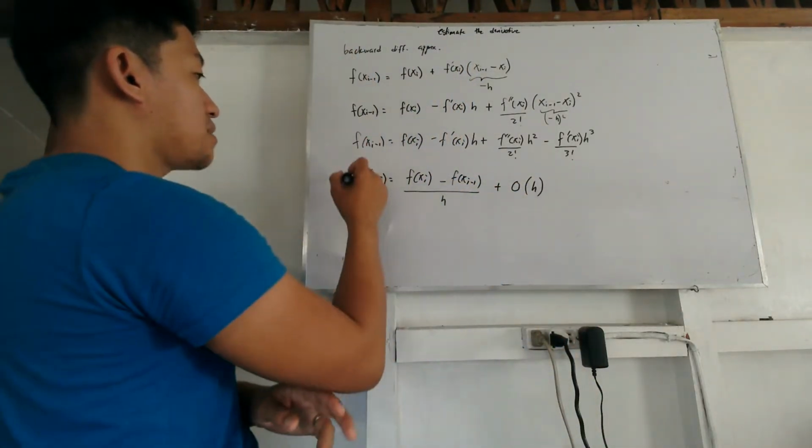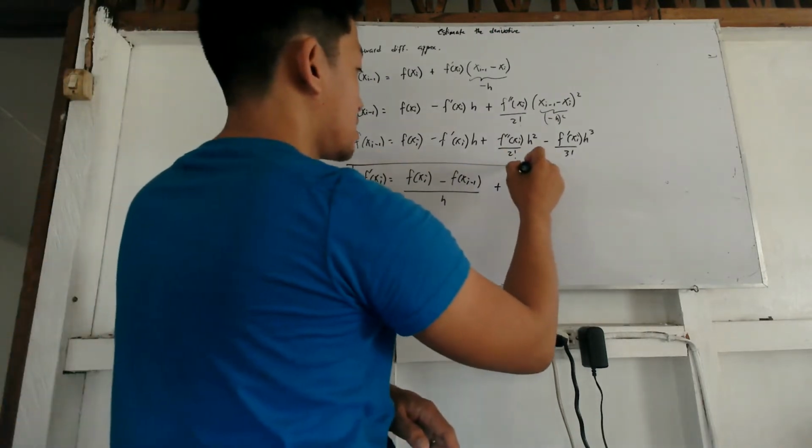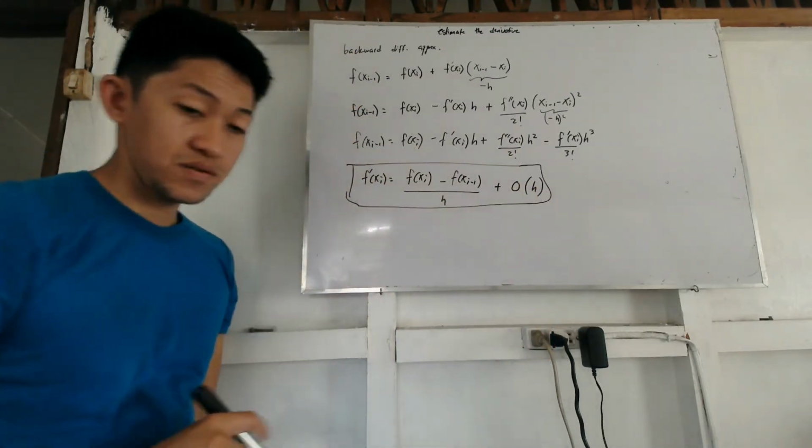So this is what you call the backward difference approximation. Okay?